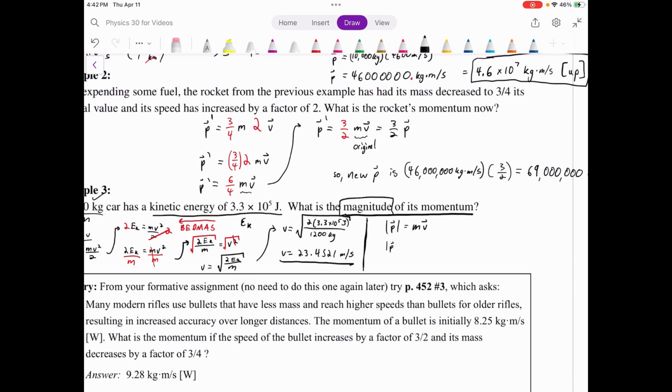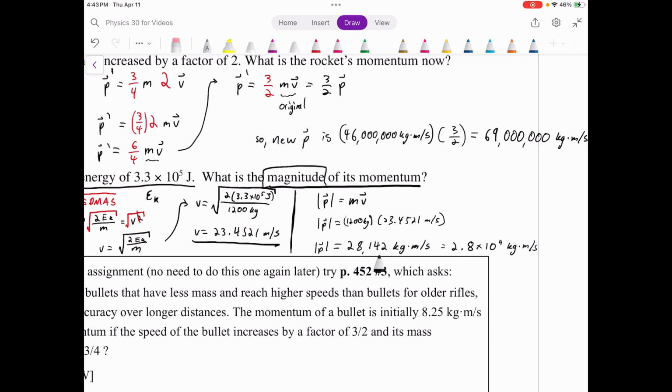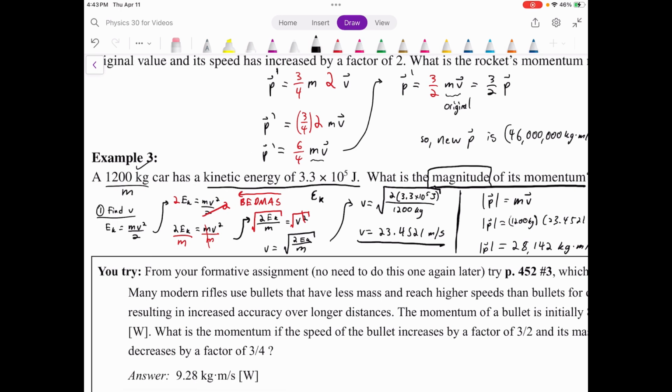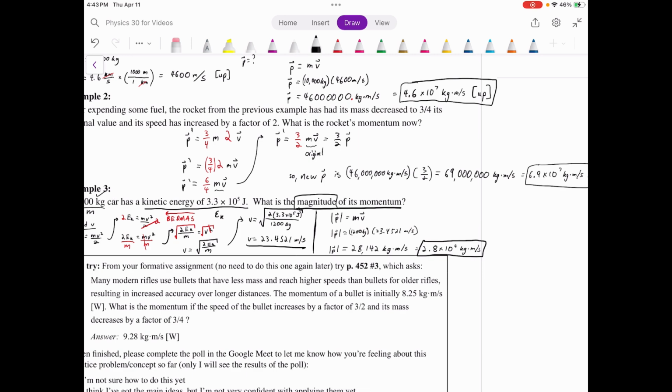We have the speed, so we can get that it is 1,200 kilograms, and the speed is 23.4521 meters per second, showing us that the magnitude of the momentum is going to be, I got 28,142 kilogram meters per second, or to 2 significant digits, because we did use this number, so that limits the accuracy of our answer and the precision we can state it to, right? 2.8 times 10 to the 4 kilogram meters per second. That's the magnitude of the momentum. We don't have the direction, but we didn't need it for this question.